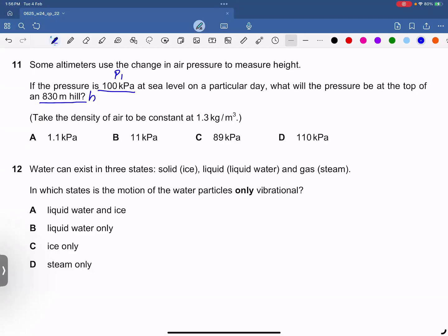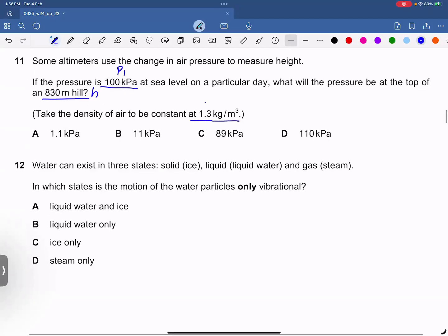So this is the height. The density they give, take this rho. You know, my dear students, the pressure is rho gh. Due to this height, the new pressure: 1.3, 9.8, 830. First of all, calculate this one.